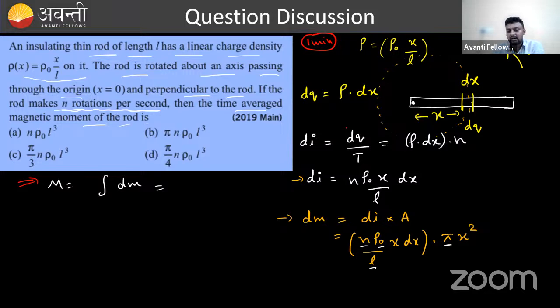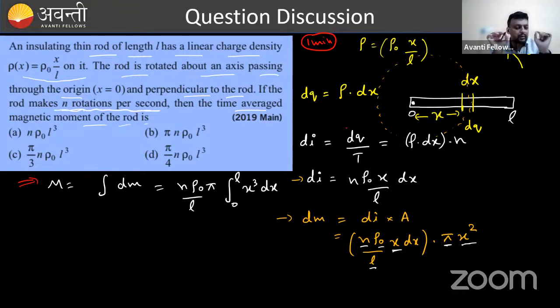So that is n rho naught pi by L, integration of x cube dx, from 0 to L, where L is the length of the rod.